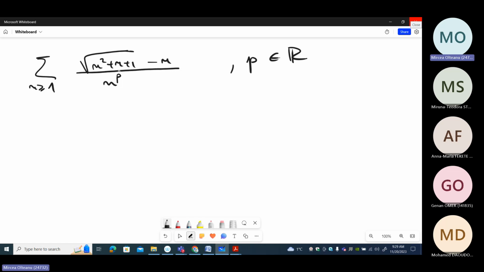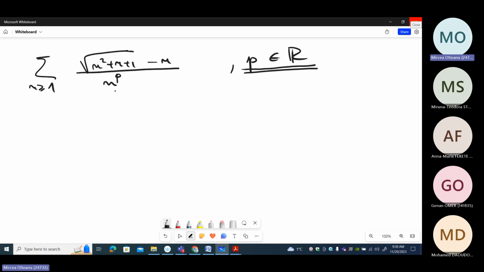So the question is to decide, according to the number p, the nature of this series. Is it convergent or divergent? Yes, so p is a parameter. In terms of p, we must decide. Maybe the answer will depend on p.